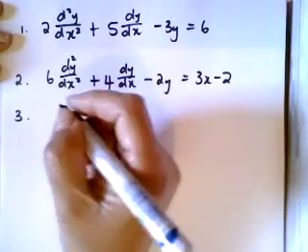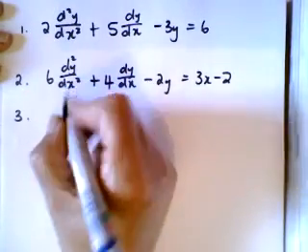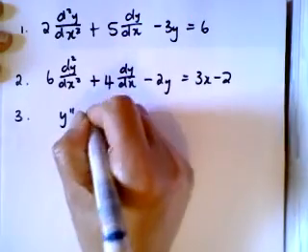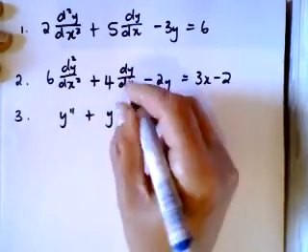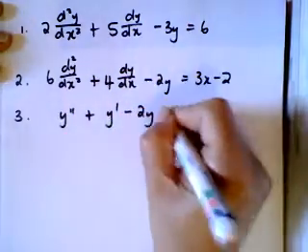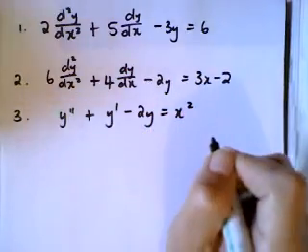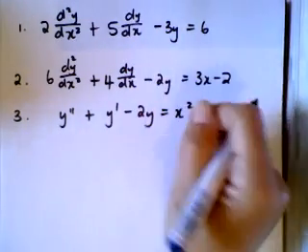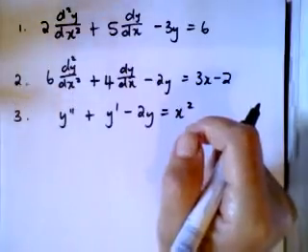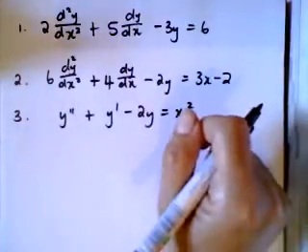And then the third one, I'm just using different notation, y' - 2y = x². Okay, so you try those 3 and see what answers you get. The solutions for these are in the lecture notes that I've put up for you.